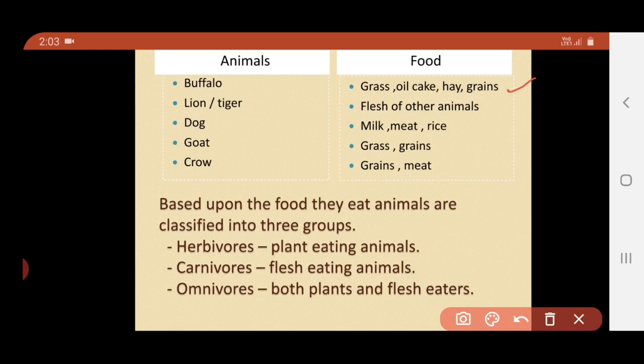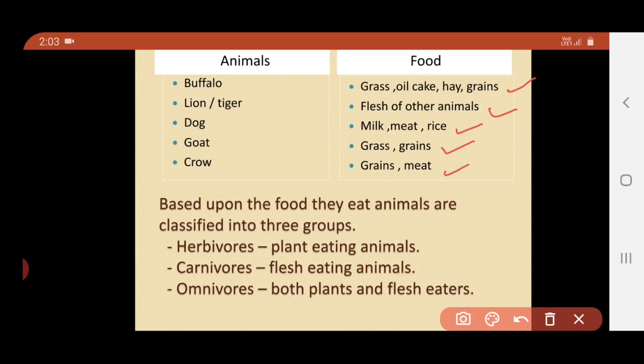They hunt other animals and have the flesh as their food. Dog, milk, meat and rice. So it is both plant and animal sources they are having as their food. Goat, grass and grains. It is only plant source. Crow, it is grain and meat.